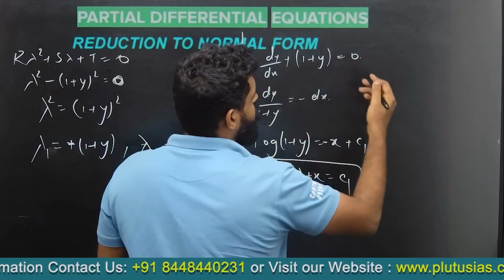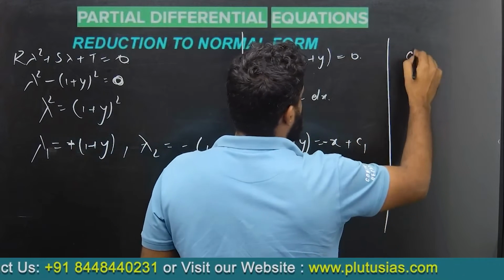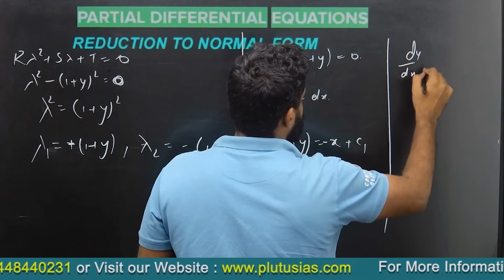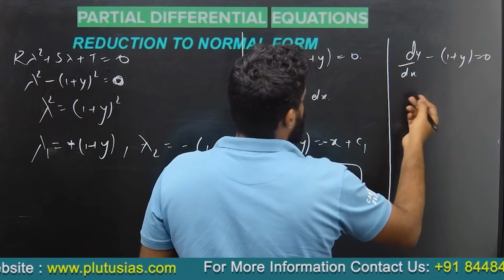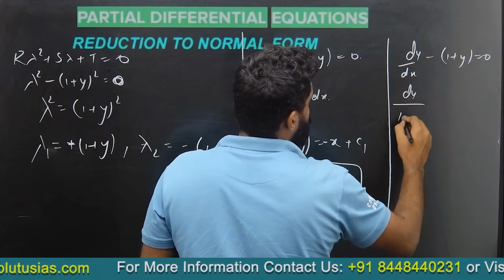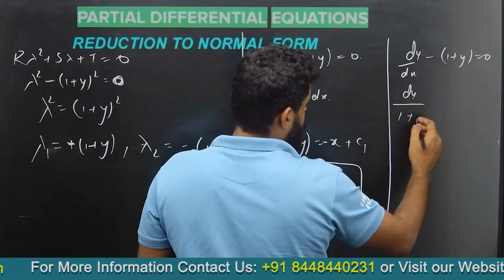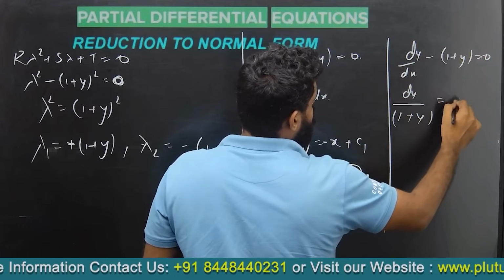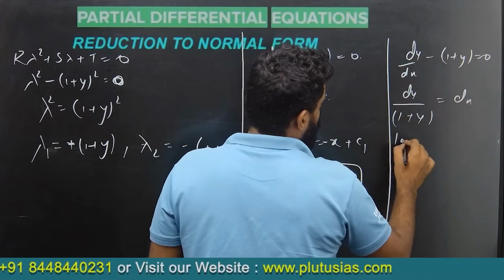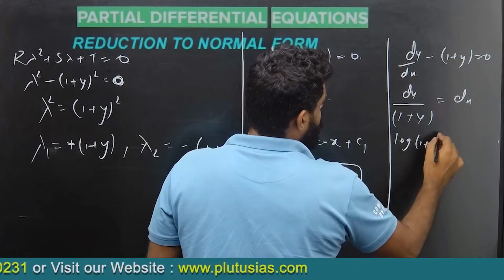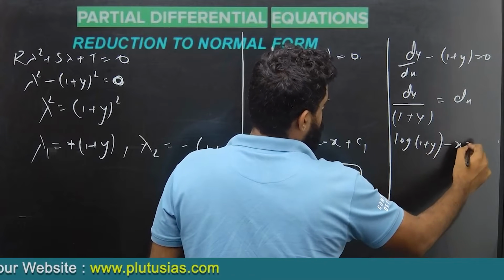And for the other equation, that is for lambda 2, the characteristic equation would be dy upon 1 plus y is equal to dx, and integrating we get log of 1 plus y minus x equal to c2.